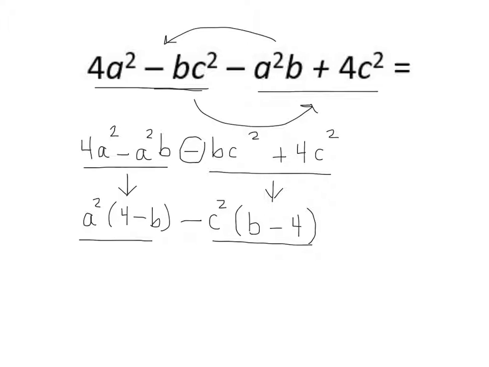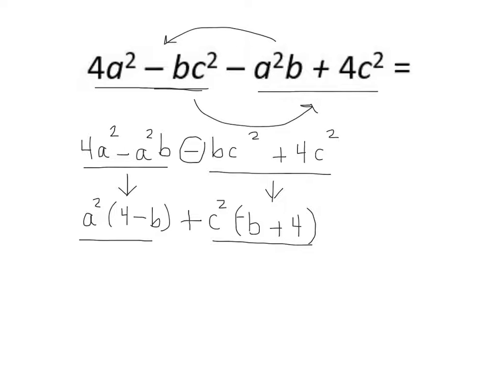This is a situation where by doing so, it produced a binomial that was different in the second term than in the first. So if I want to correct that and make it be the same, I'll just multiply everything by negative 1. So this will become a positive c squared, a negative b, and a positive 4.